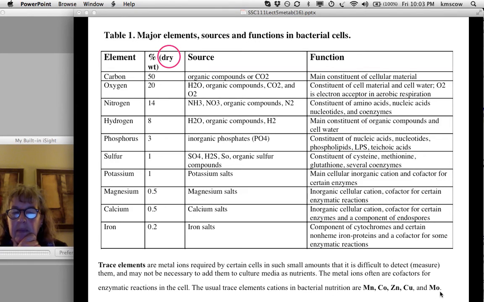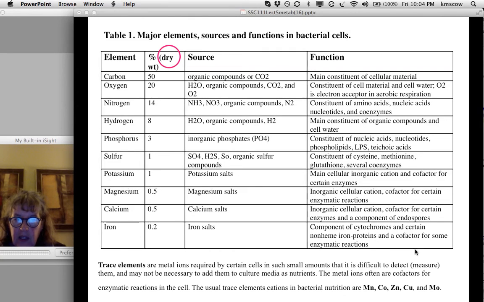And molybdenum is absolutely required by most nitrogen fixers, the symbiotic ones, and having molybdenum present in the soil is absolutely essential for that process to occur, and without it, it won't. So the trace elements can be really important.